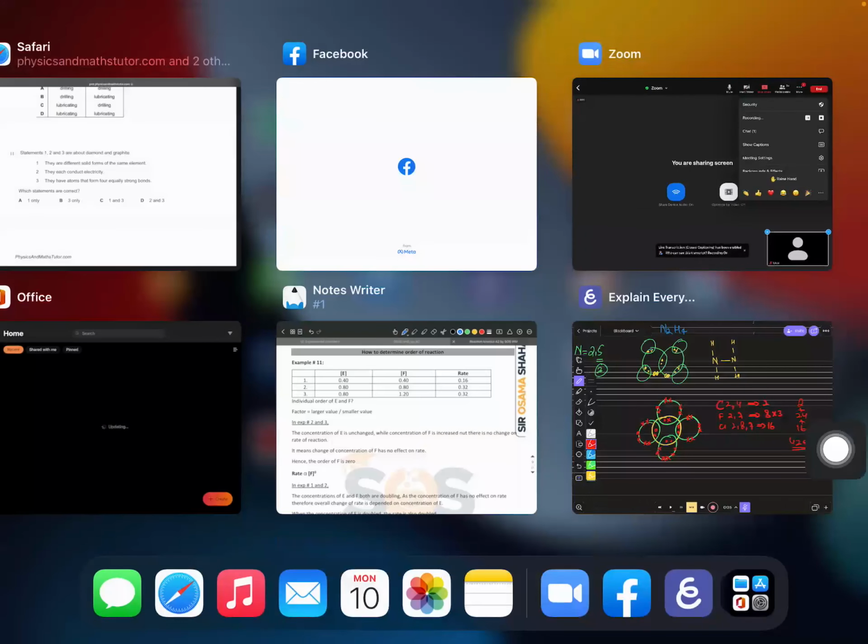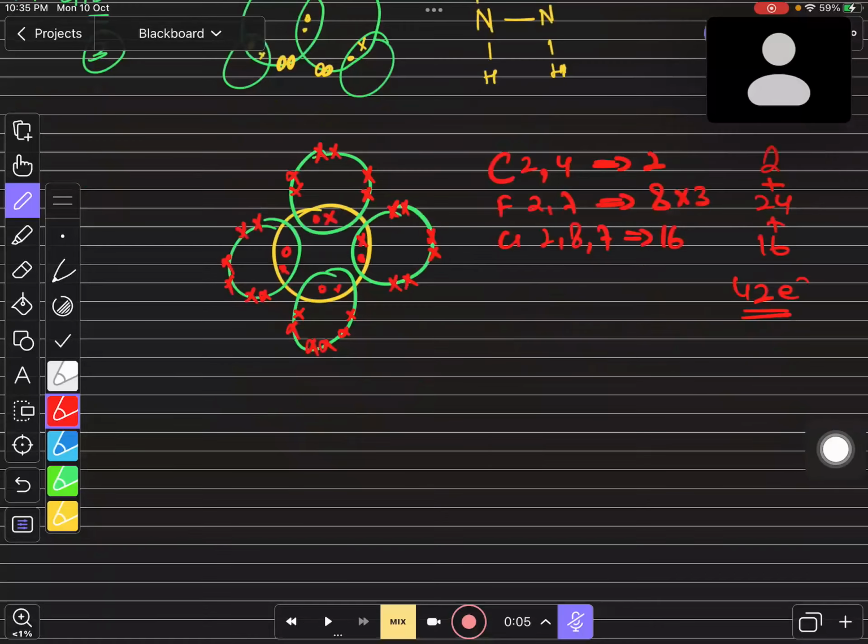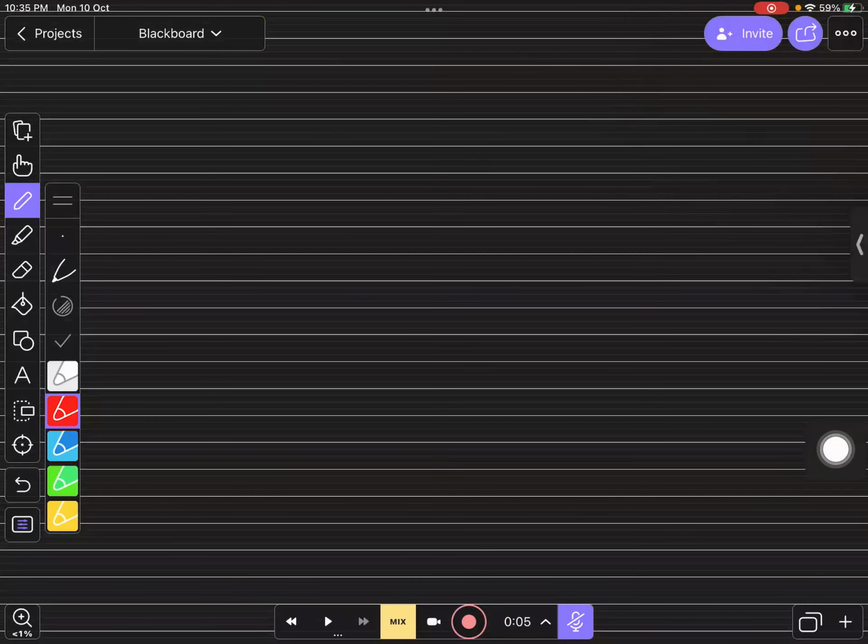Okay, let's start with the next level. The next level is sharing of 2 electrons from each side. For example, if you have the oxygen molecule, you need to remember, bacho, that oxygen has 6 electrons in the outermost shell: 2, 4, and 6.